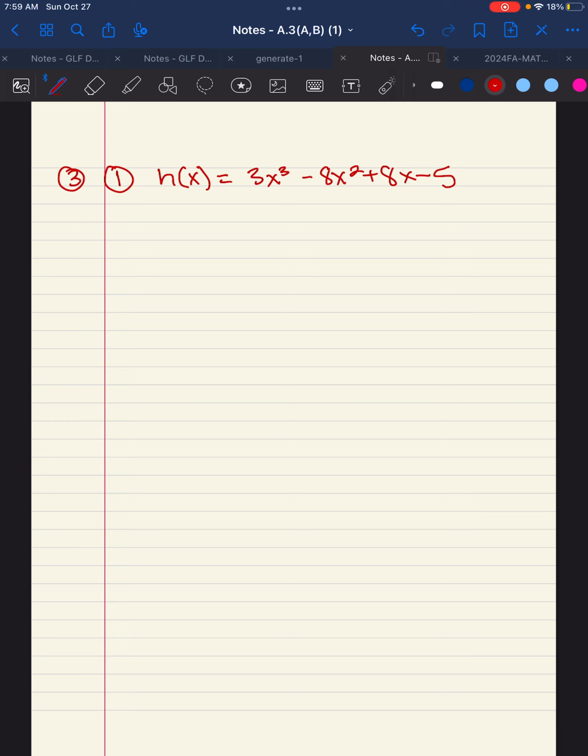All right, so the rational zeros theorem says we're going to divide P by Q. But remember, P is your constant. Q is your leading coefficient with the largest exponent.